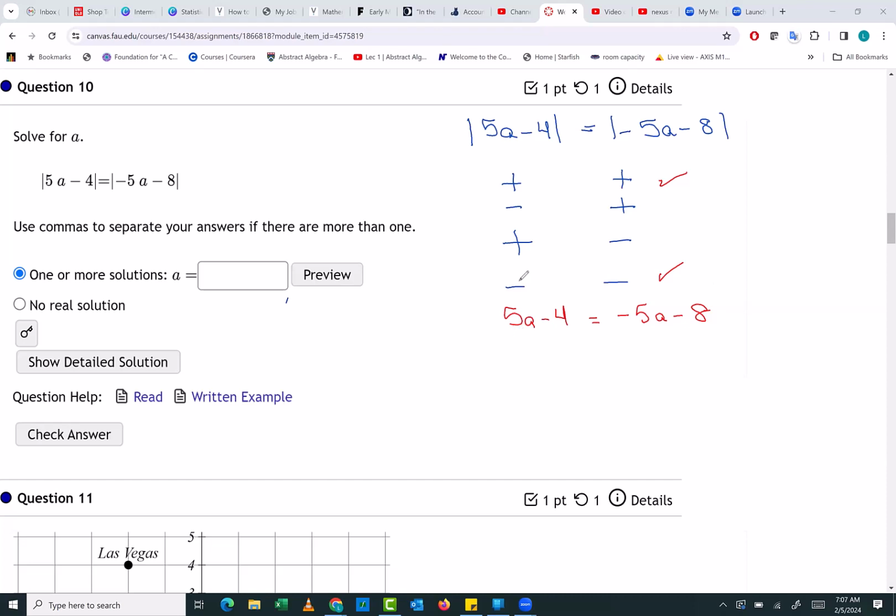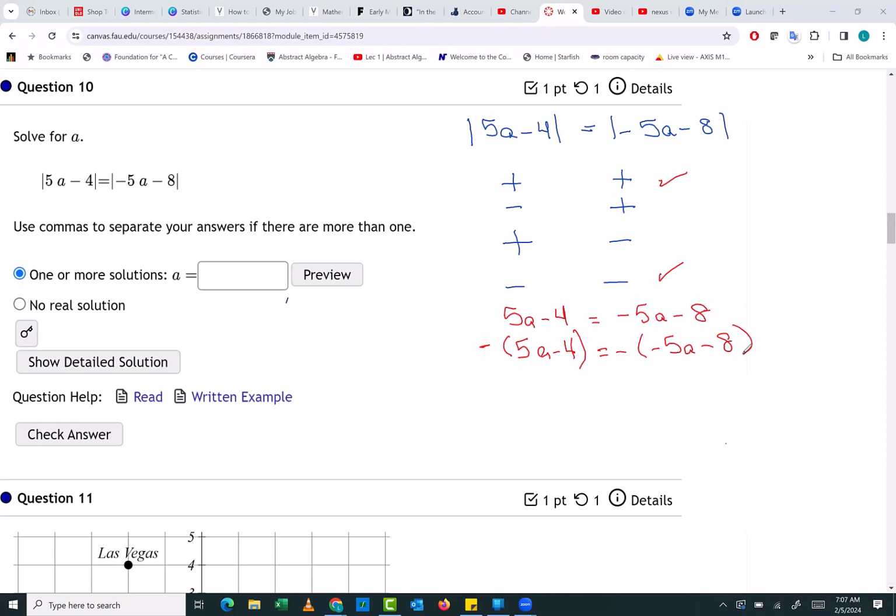If I make the left-hand side negative, it's the same as doing this. If I make the right-hand side negative, it's the same as doing this. And these are equal. How can I tell?